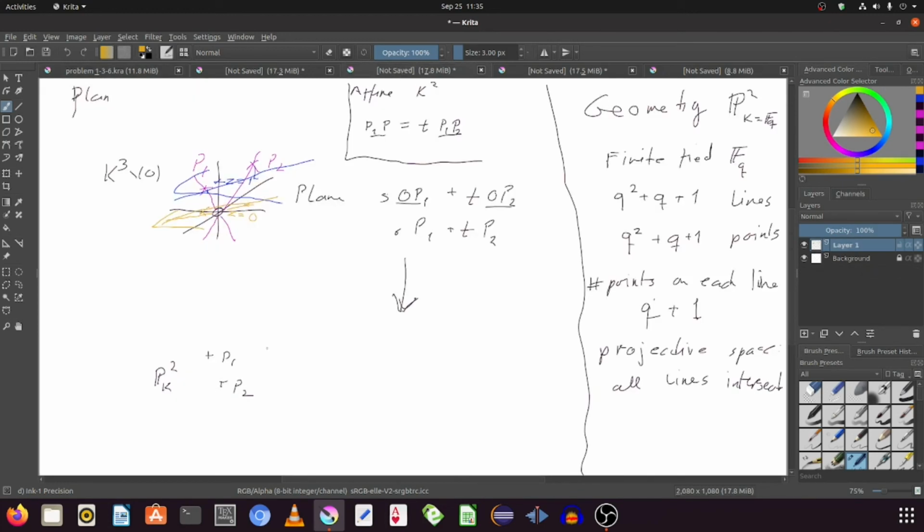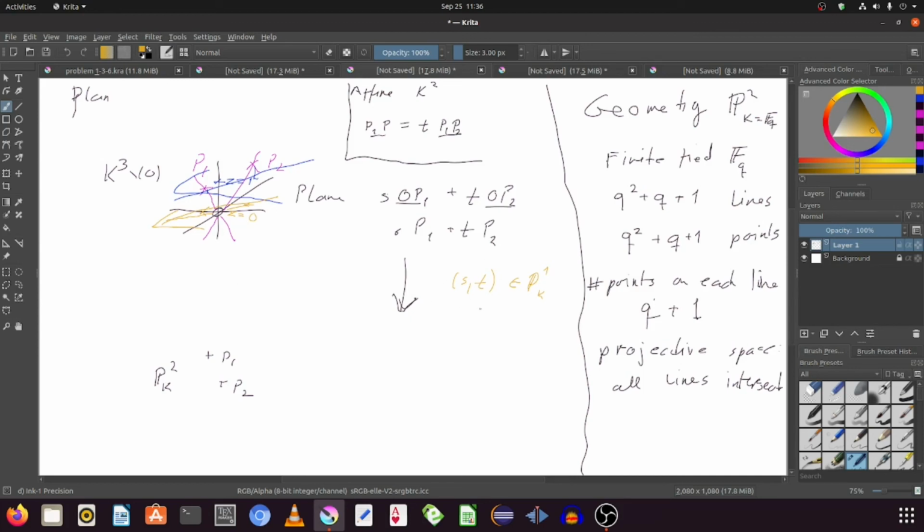So we have to check that when we take this to be a point, that gives, so that's the line at infinity we have.